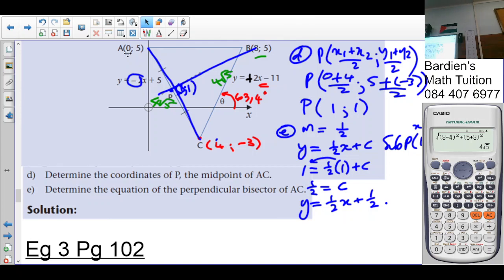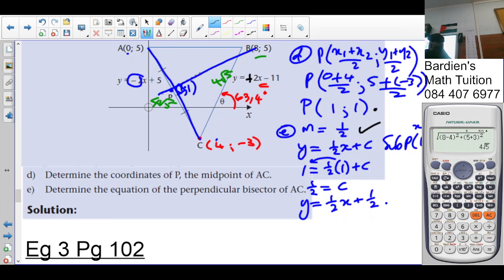Okay. Is that correct? Yes. Is that wrong? Okay. So the gradient is off. Is P right? Just check if P is correct.